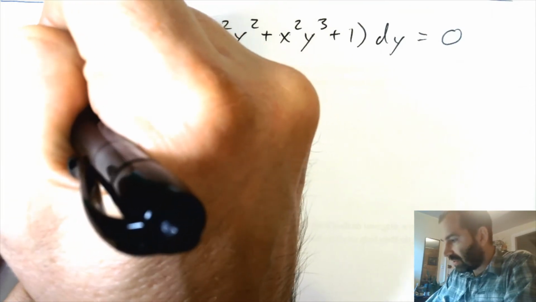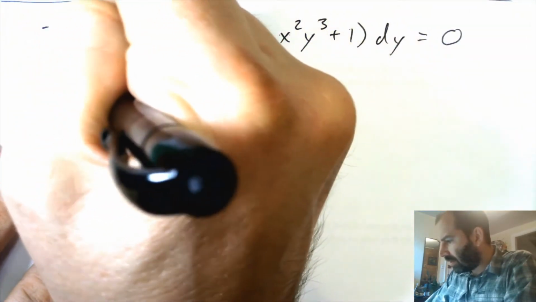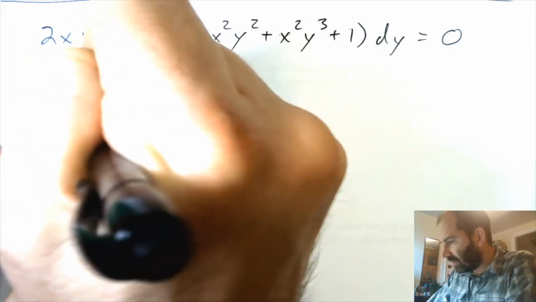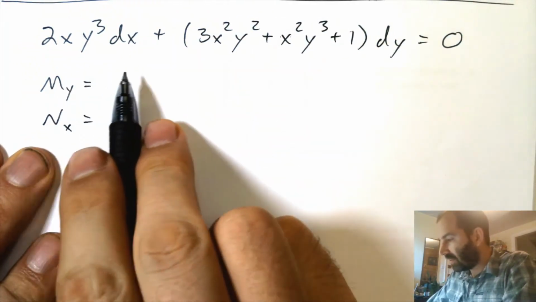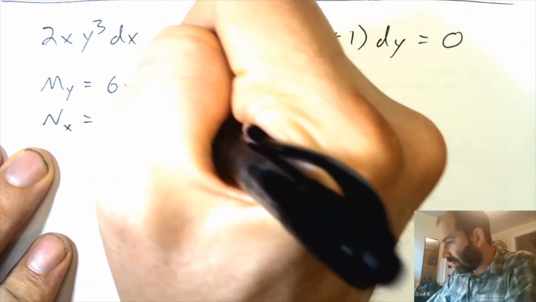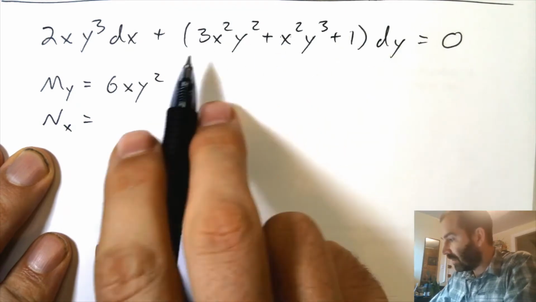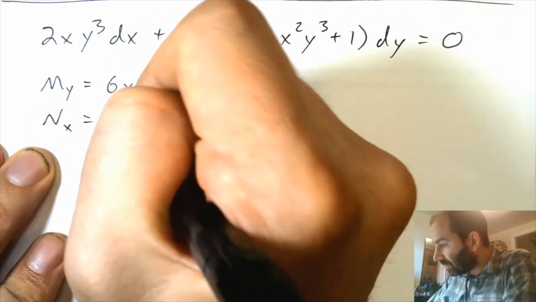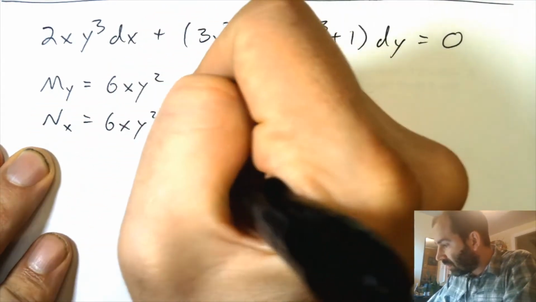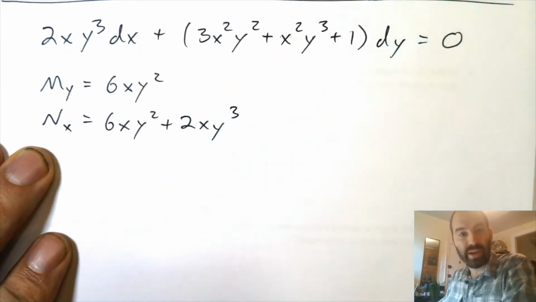So the first one it said to check was my minus nx over n, right? So let's compute those things. Let's compute my and nx. Okay, so my is the derivative of this with respect to y, so that's 6xy squared, and nx is the derivative of this stuff with respect to x. Okay, let's check it out.